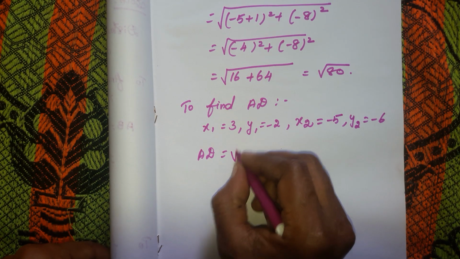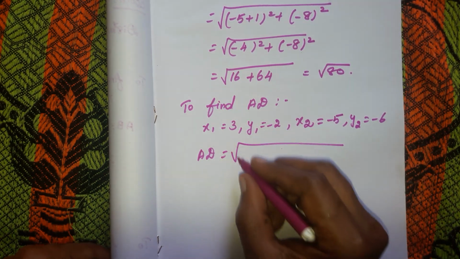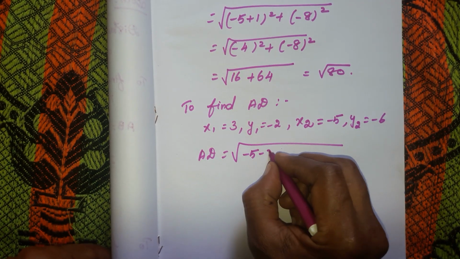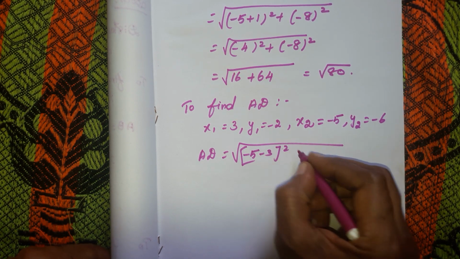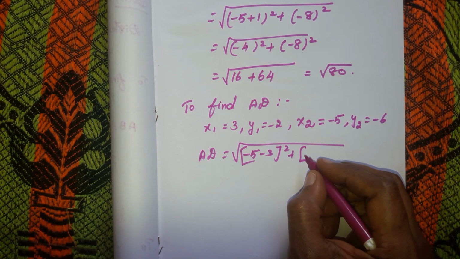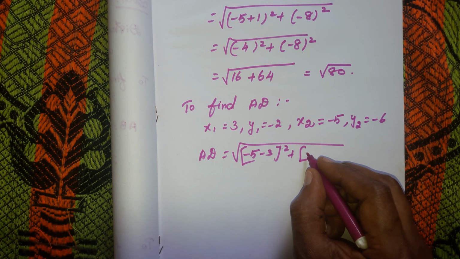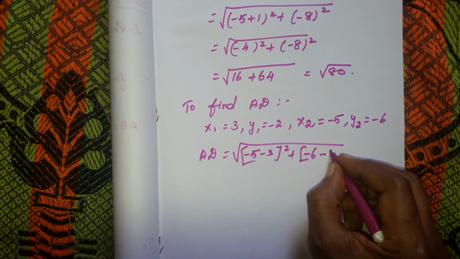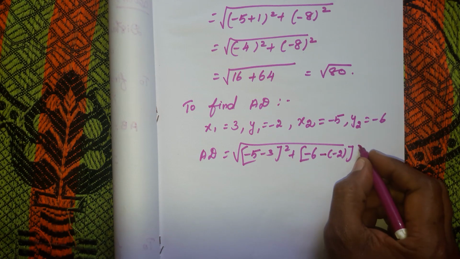AD is equal to root of (x2 minus x1) the whole square plus (y2 minus y1) the whole square, which is (-5 minus 3) the whole square plus (-6 minus of -2) the whole square.